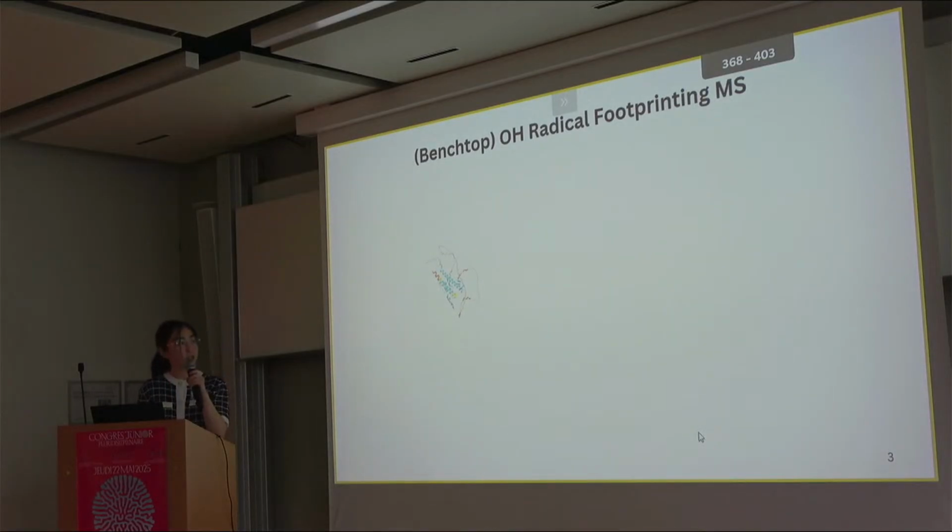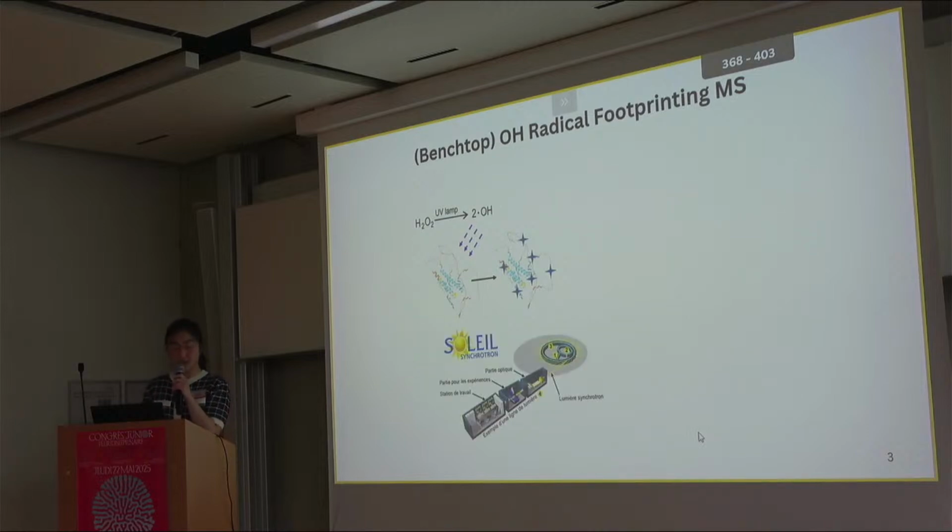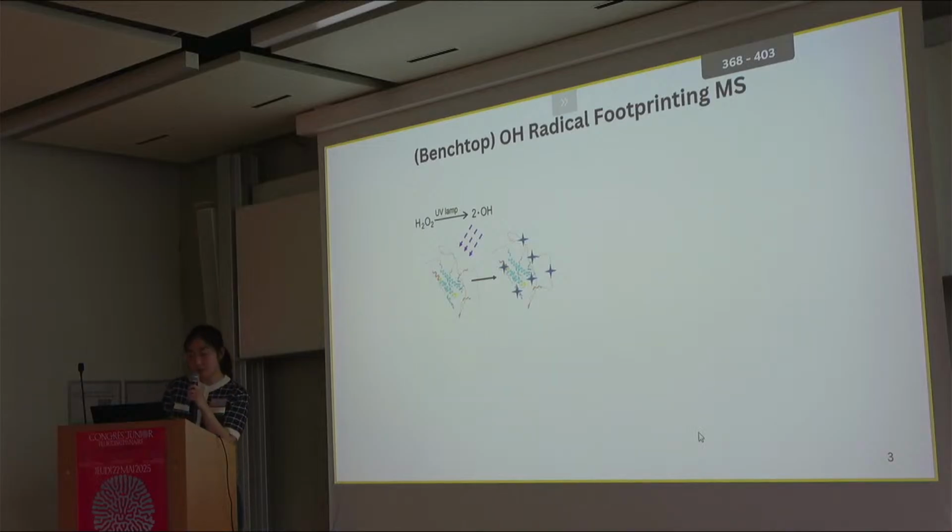It's basically, you create OH radicals from hydrogen peroxide, then you irradiate your protein with them, and OH radicals primarily modify exposed amino acid side chains. Usually this is done at a synchrotron, such as Soleil, but with a new development machine from Genex Technologies, it's possible to do it on the bench.